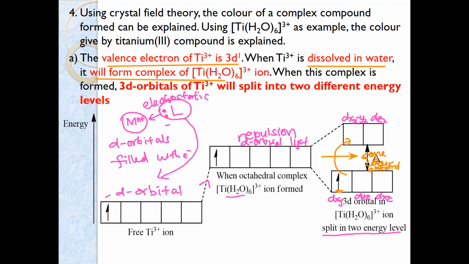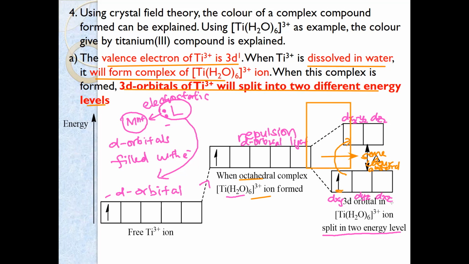So there is a repulsion between the electrons and the d orbitals of the metal ion. This will cause the d orbitals in the titanium to split into two different energy levels, as illustrated here.